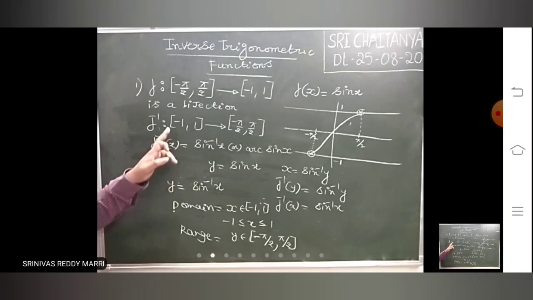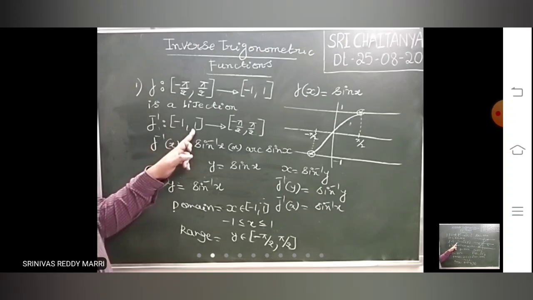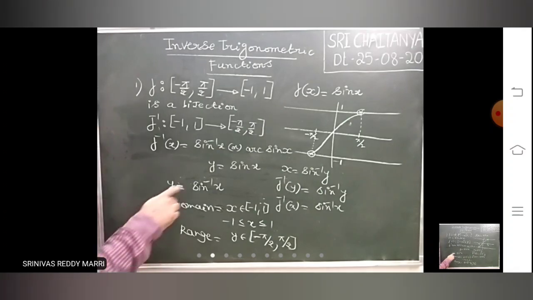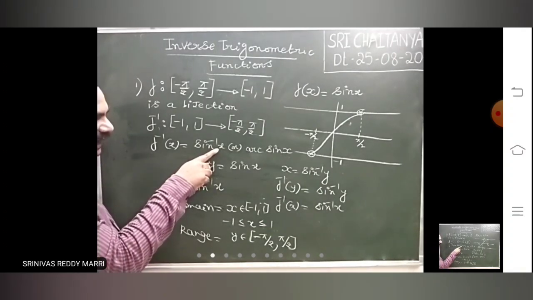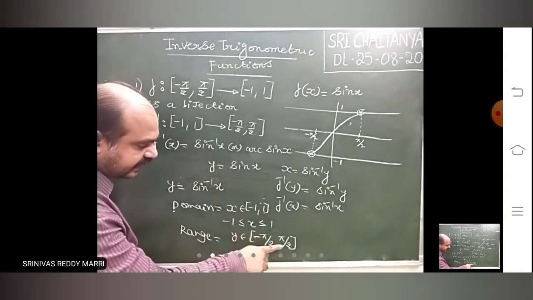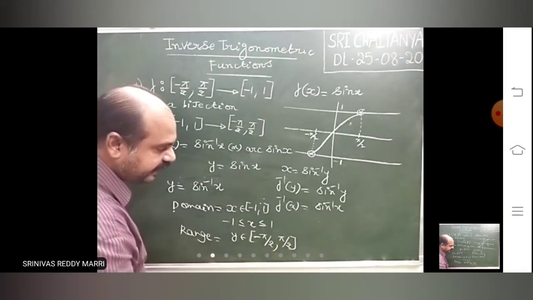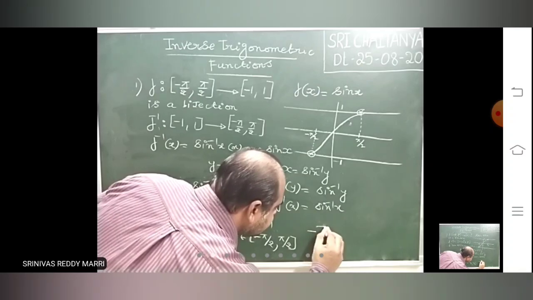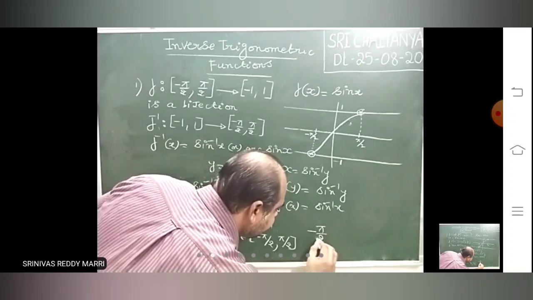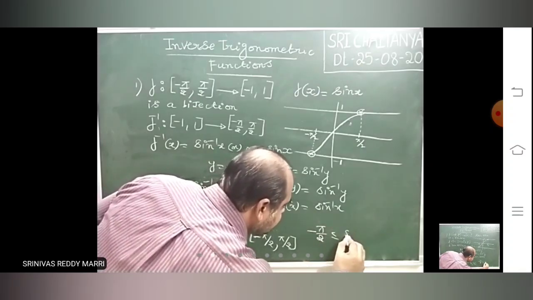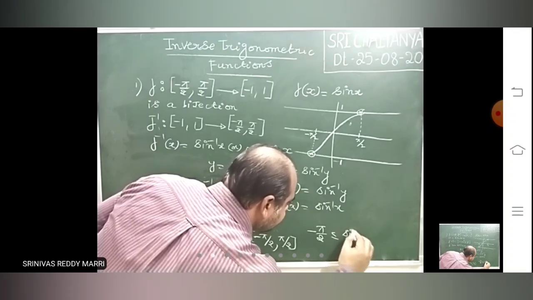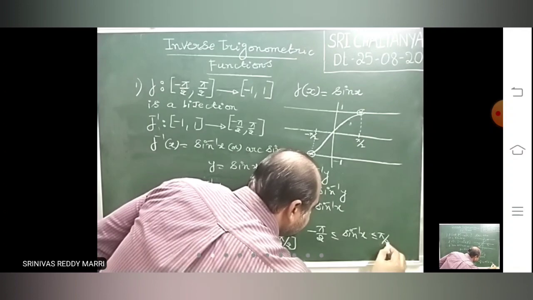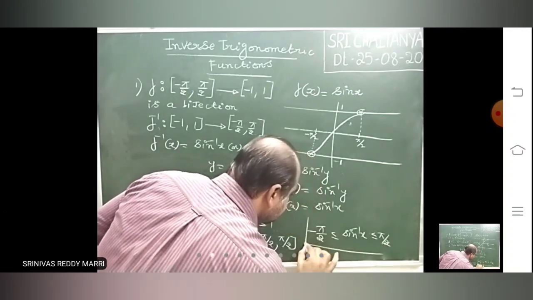That means in the domain x from minus 1 to 1, the y values, that means sine inverse x values, always lie in the interval minus pi by 2 to pi by 2. We can say that minus pi by 2 is less than or equal to sine inverse x, less than or equal to pi by 2, always.